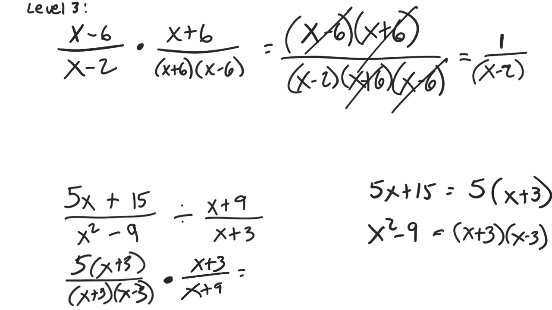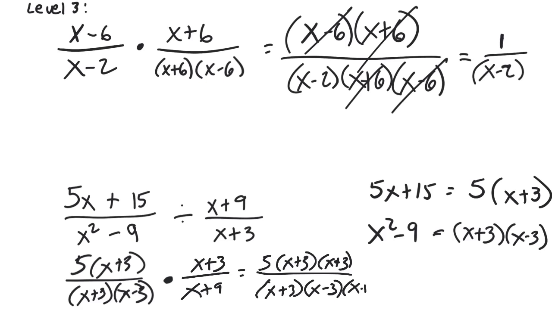If I multiply straight across, I end up having 5 times x plus 3 times x plus 3. I know I could write x plus 3 squared, but I want it all expanded for my canceling purposes. Then I have x plus 3 times x minus 3 times x plus 9 on the bottom. So when I cancel, the only thing I can cancel is one x plus 3 on top and one x plus 3 on bottom.